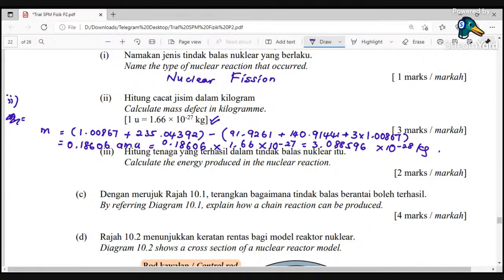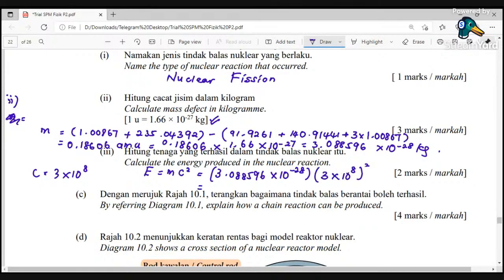Okay, calculate energy produced. So E equals to mc squared. Einstein formula. The mass defect calculated already. c is speed of light. You can refer to the list of formula. c equals to 3 times 10 power 8. Okay, so the mass 3.08856 times 10 power negative 28 times 3 times 10 power 8 squared.